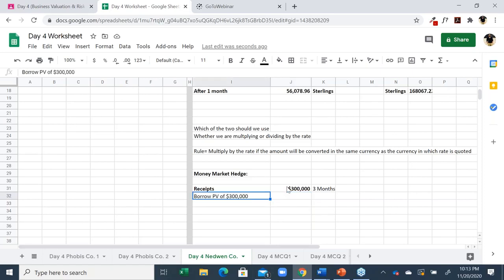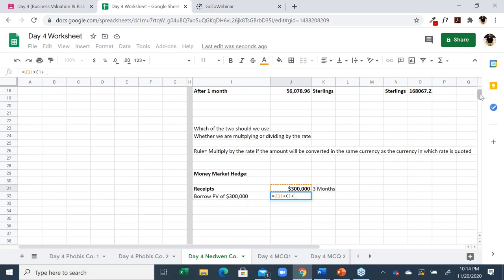So what should that be? Let's calculate present value. Present value will be calculated as S into 1 plus the rate. So what are we borrowing? Dollars or pound sterlings? Dollars. We are borrowing dollars.